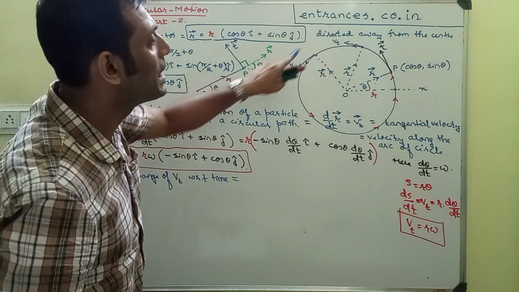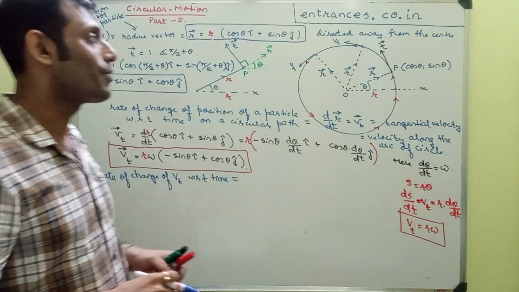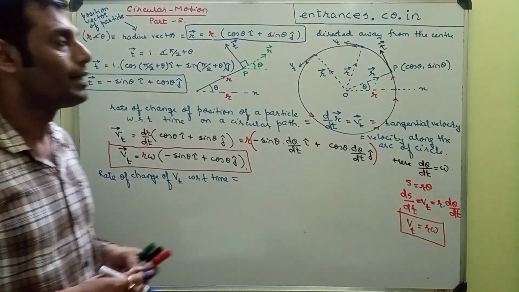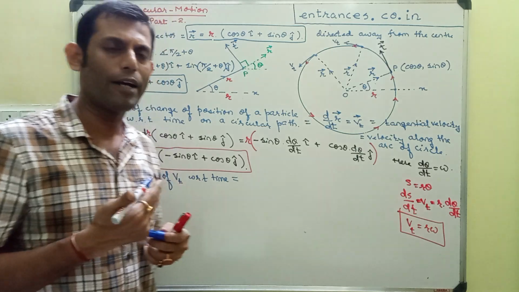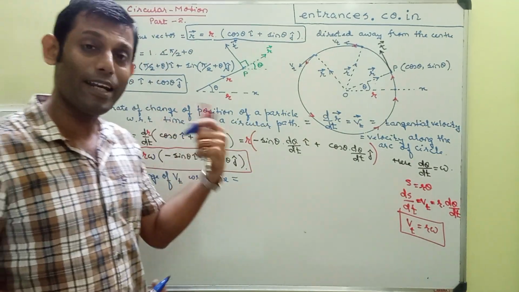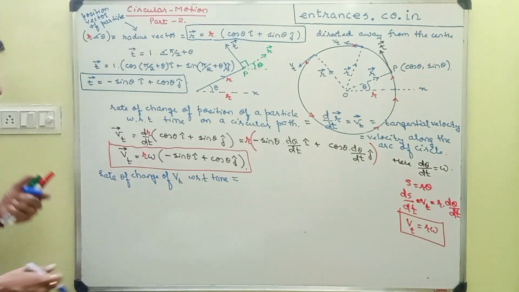So the direction of the Vt is changing at every position on the arc of the circle. It's a vector. So when you're changing position, your velocity has two attributes. One is its magnitude, which may or may not change. Another is its direction, and due to the change in direction, something might happen. Let's see what can happen.